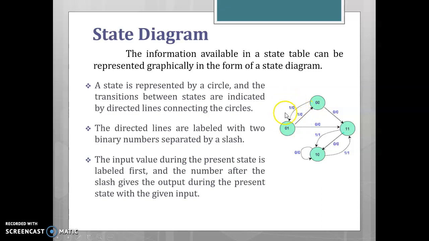The directed lines are labeled with two binary numbers separated by a slash. The first binary number represents the input, and the second binary number represents the output for the given input.